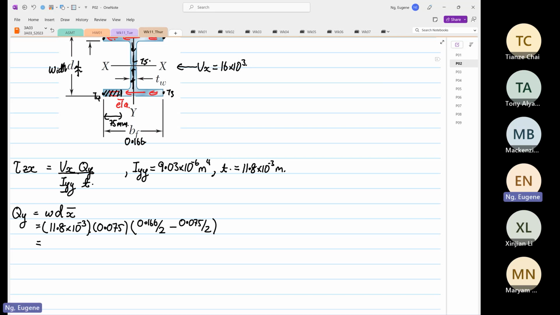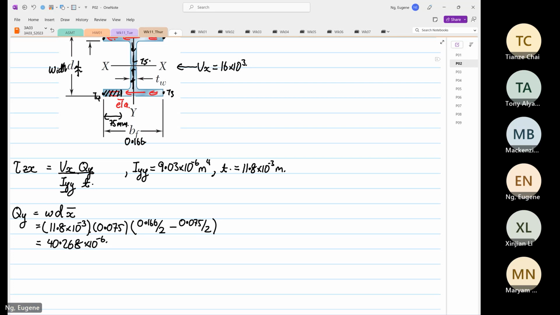Let me check the width, the depth again. Let me press my calculator again. Yep, 40.268 times 10 to the power minus 6.